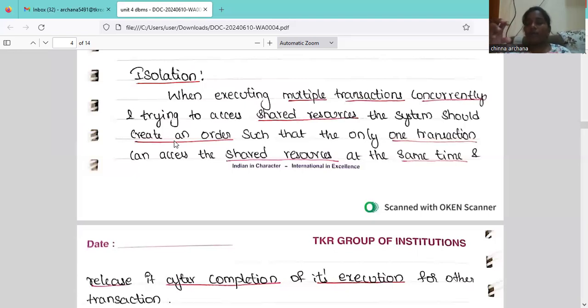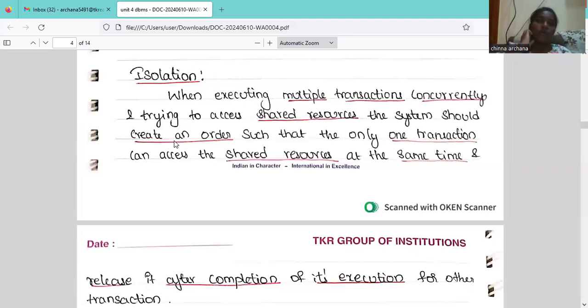Now, suppose the X value is read at the same time by the three transactions, and the isolation property is not there. Initially the X account value is 100, and this 100 has been read by all three transactions at the same time.